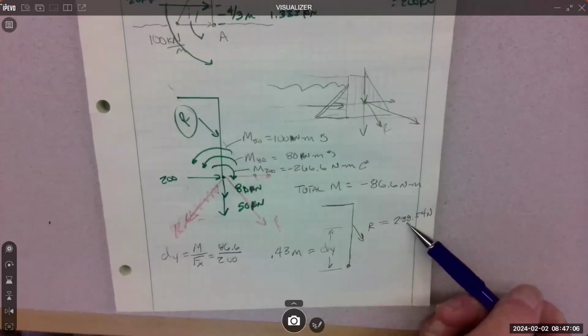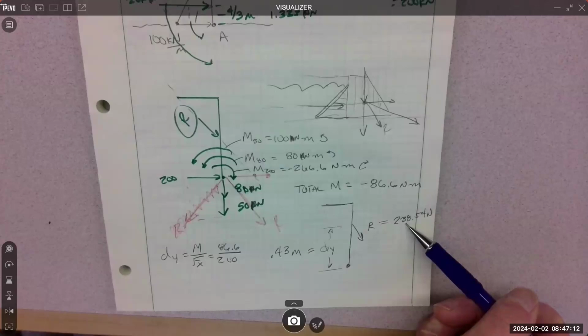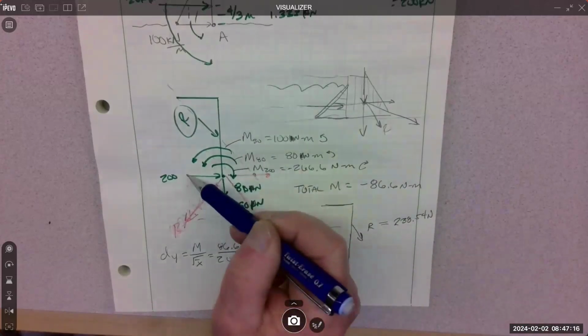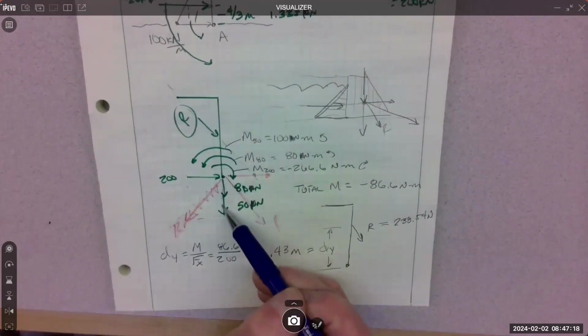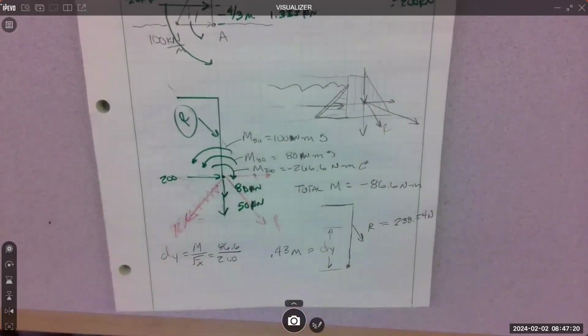How'd I get that? The case reference piece. Yep, Pythagorean theorem of the y and the 200. So it's like 130 and 200. Pythagorean theorem. Gives me 238.54.